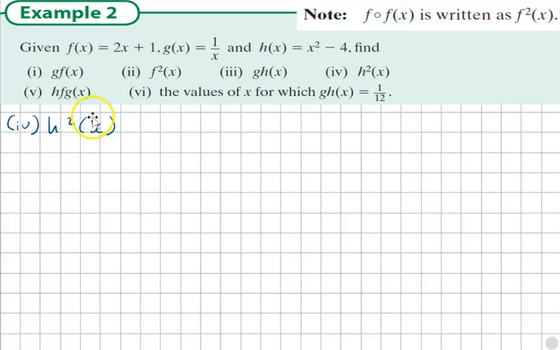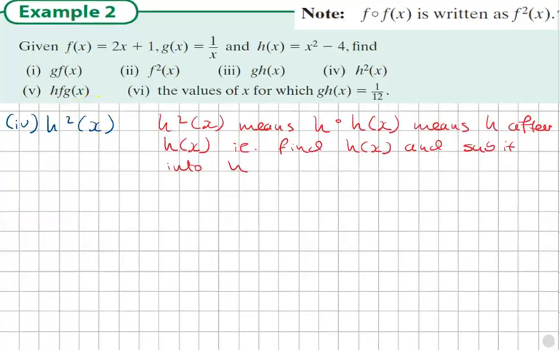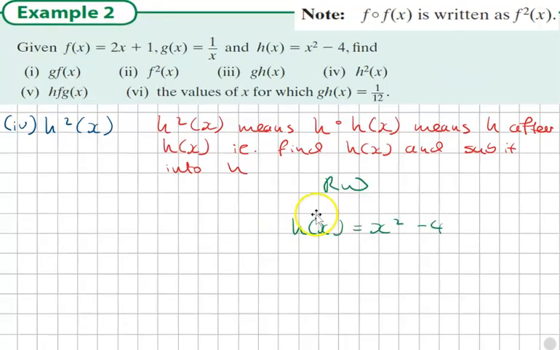Part 4 is h squared x, which means h after h of x. That is, find h of x and sub it into h. So our rough work is just to write out the function h of x equals x squared minus 4.